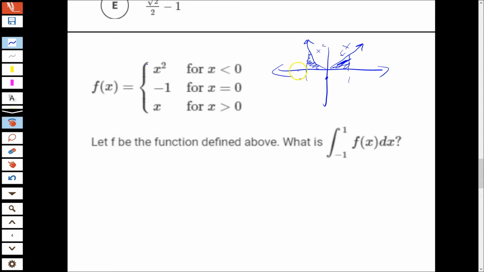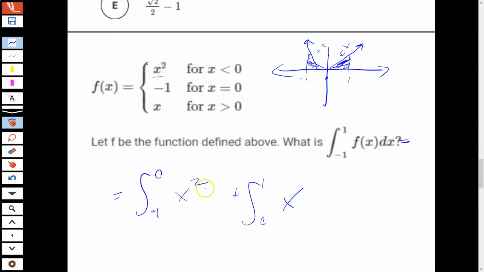Well, what we can do is we can just break this up. So this integral here is equal to the integral from negative 1 to 0 of x squared plus the integral from 0 to 1 of x. And notice we don't actually need this negative 1 at all.